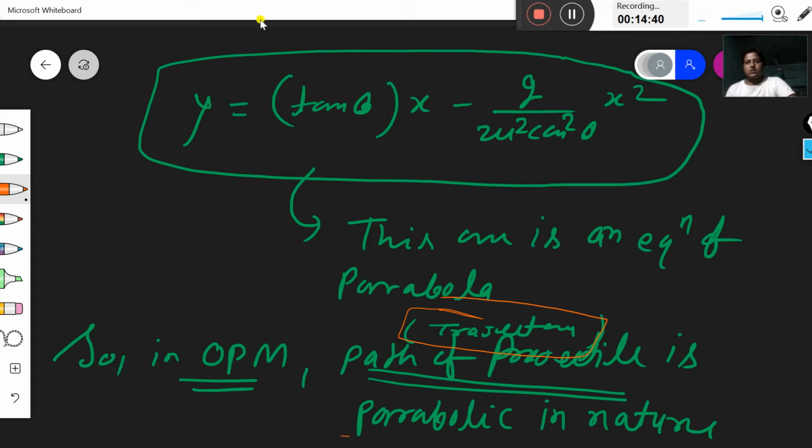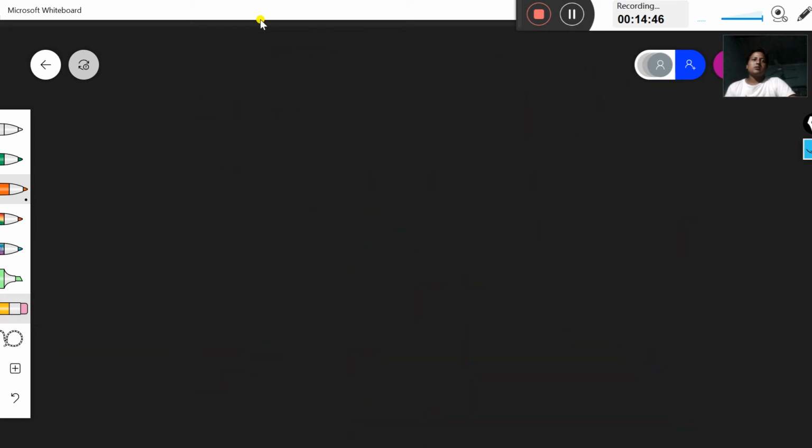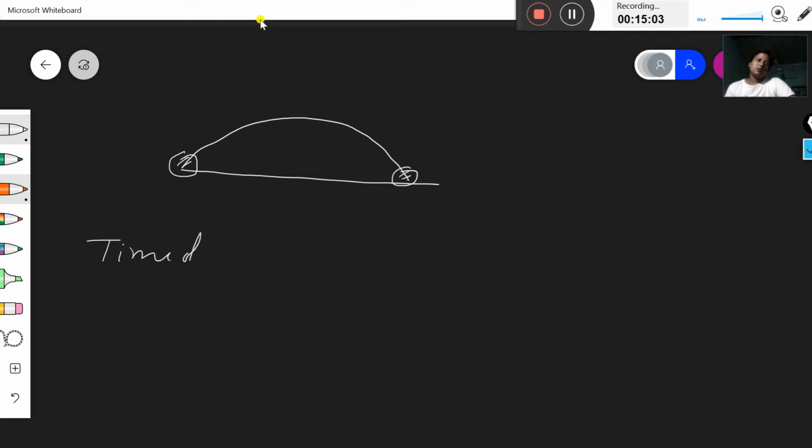So trajectory is parabolic in nature. Now suppose in oblique projectile motion we have to calculate time of ascent, Ta.